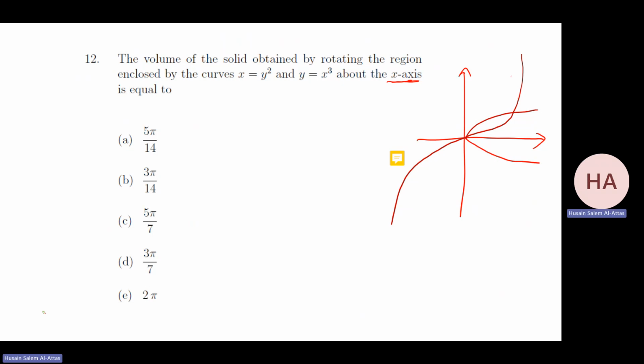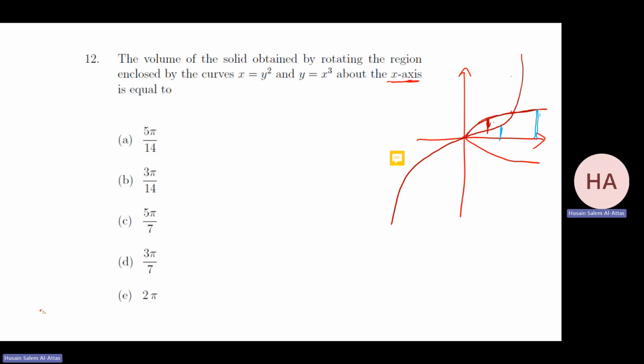So in this case, this is my line, so I have an outer radius and an inner radius, because it's like I'm finding the volume for this one minus this one to get the one in the middle.